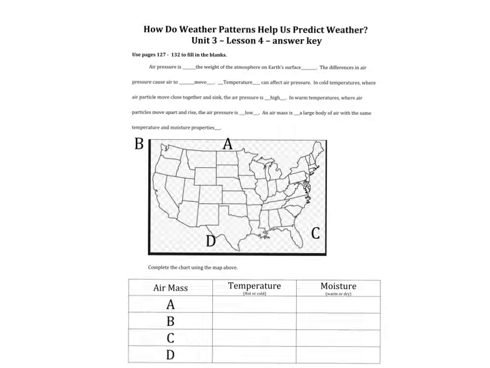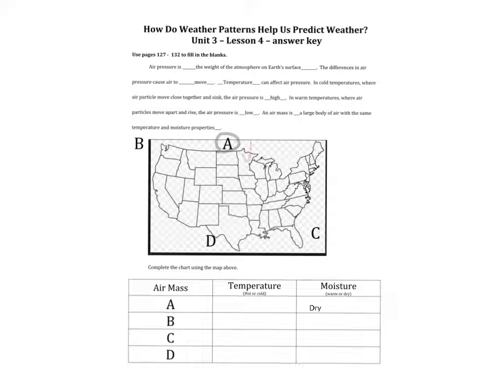Now, if we're looking at air mass A, if we know what lies directly north of the United States, we know that that is Canada. Since Canada is a land mass, the air traveling over it would be dry. It's not picking up any water molecules as it is traveling over land.